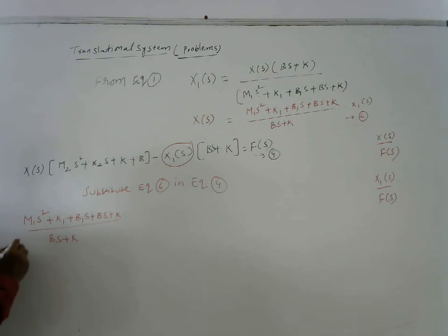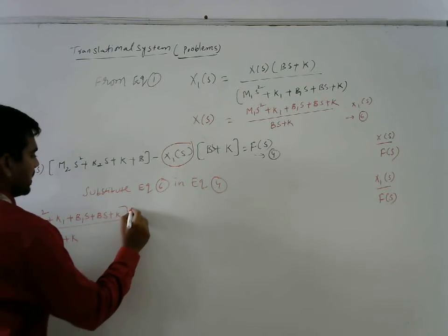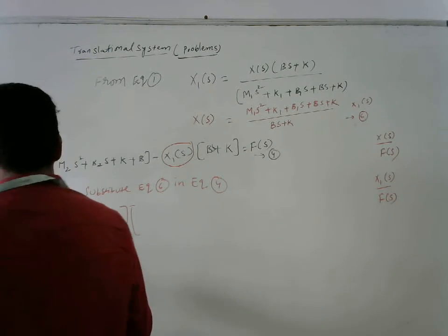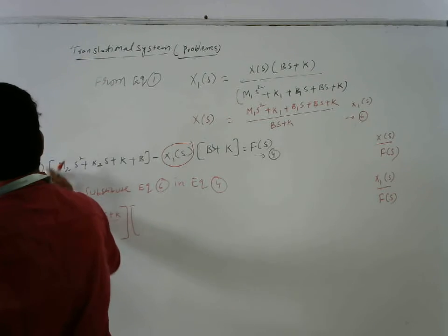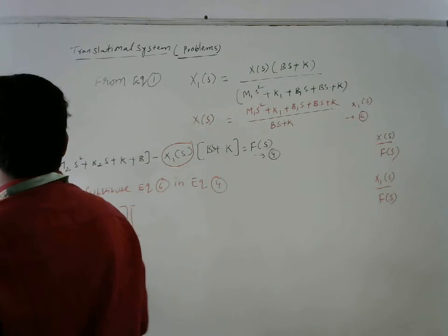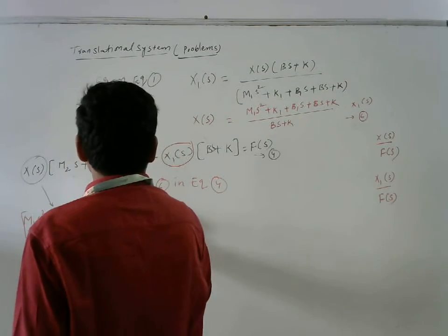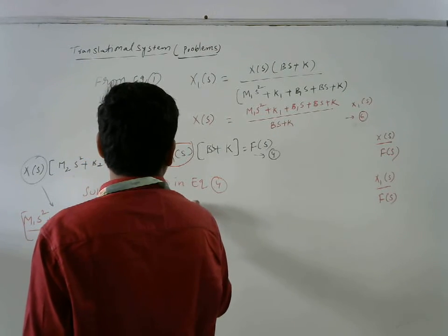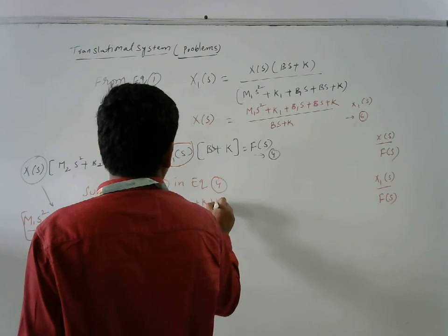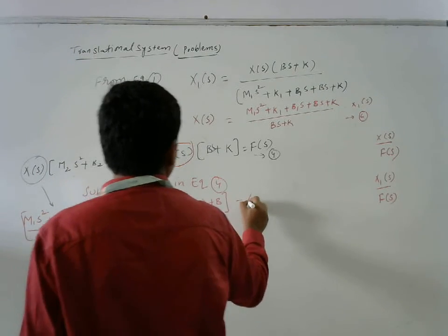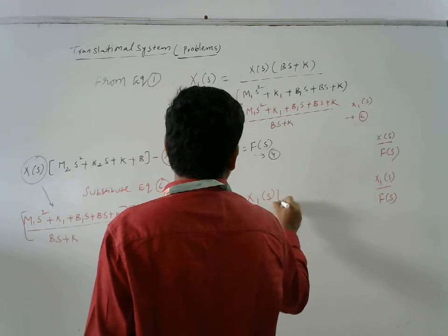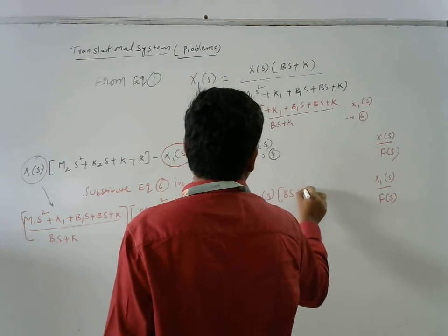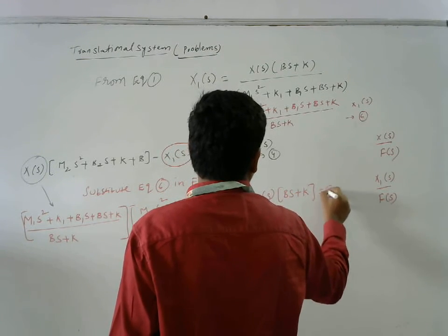This is your x of s value from equation number 6, put into equation 4. Right. Now this is m2 s square plus b2s plus k plus b minus x1 of s into bs plus k equal to f of s.